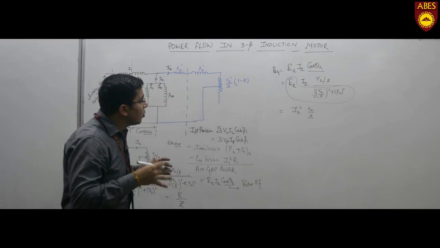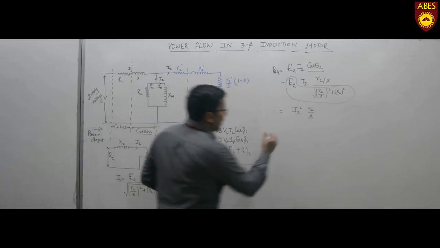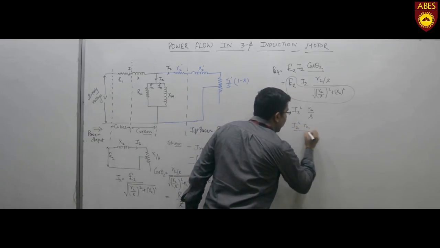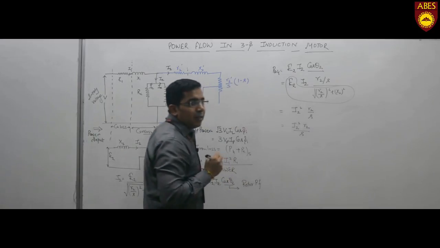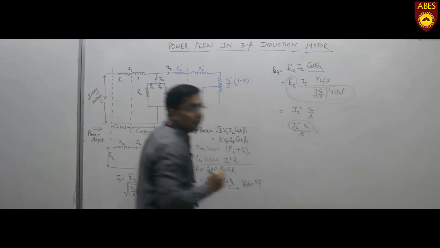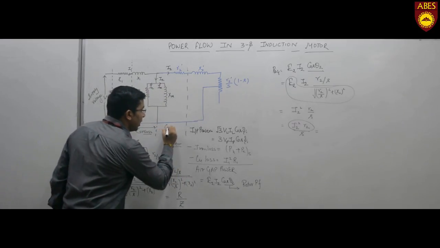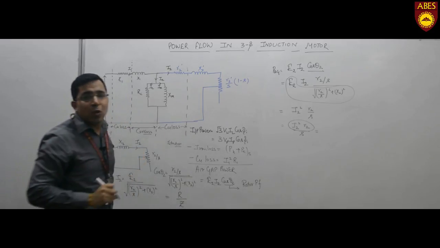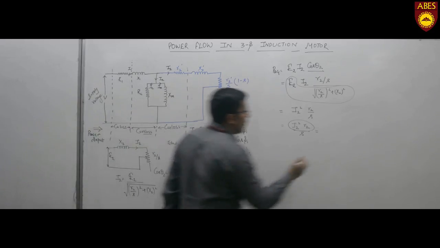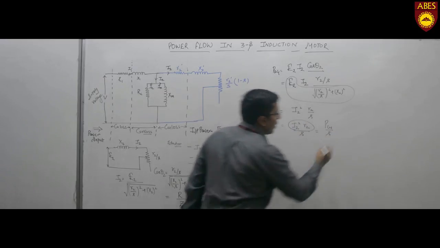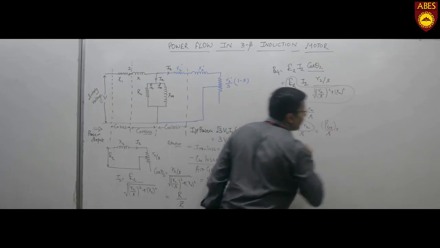Now if you see through the figure, this I2 square R2 is nothing but the copper losses occurring on the rotor side. That is, it can be given by PCU upon S, but this would be on the rotor side.